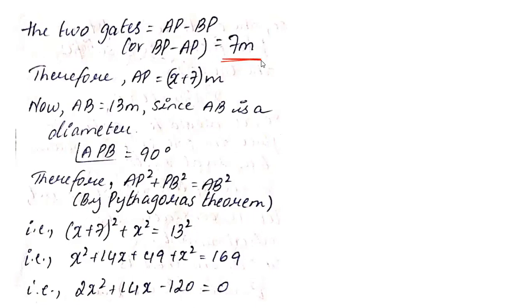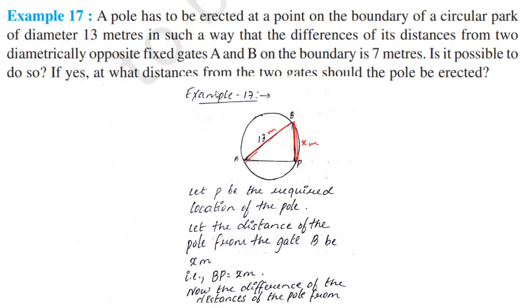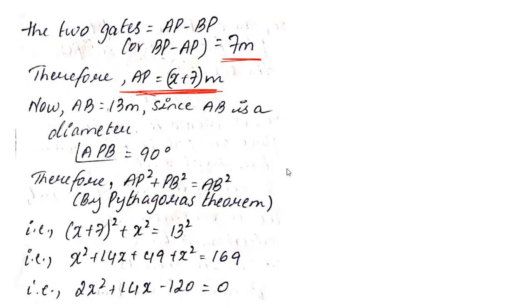So we consider AP minus BP itself. So AP will be x plus 7 meters. Either of them can also be chosen. X plus 7 meters, you will get AP. So I will write that in the diagram. This AP is x plus 7 meters.